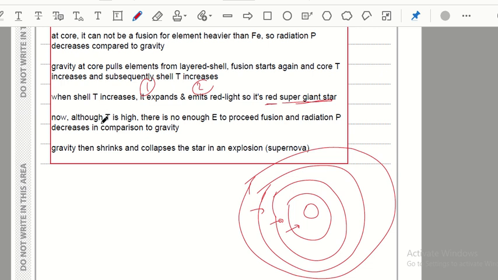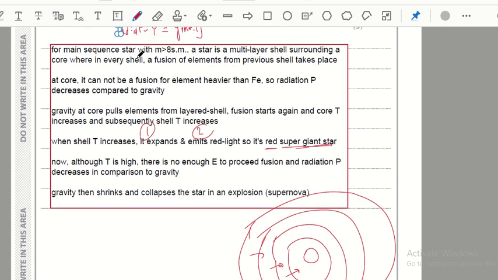Now, although the temperature is high, there is not enough energy to proceed with fusion, and radiation pressure decreases in comparison to gravity. So we start with not enough energy to make fusion for elements heavier than iron. Radiation pressure decreased compared to gravity. Gravity pulled the elements from the layered shell.